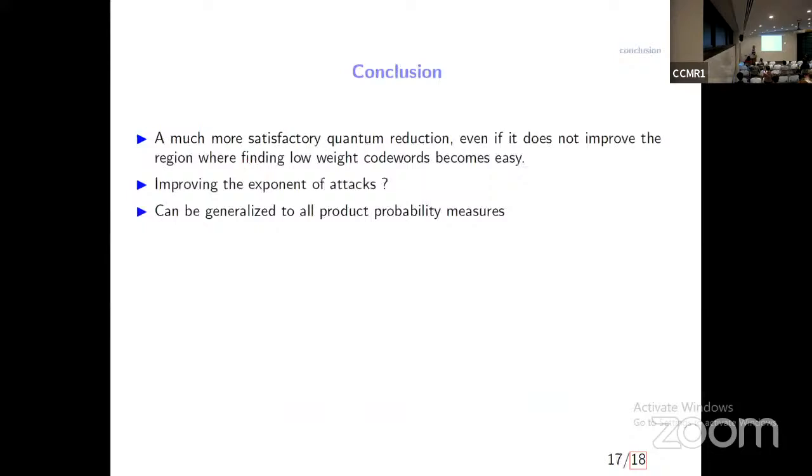Basically, what this does, I think, is give a much more satisfactory quantum reduction than Gregor's approach. Because now with this approach, we can expect to find minimum weight codewords in a linear code, which is not something we could do before, first of all.